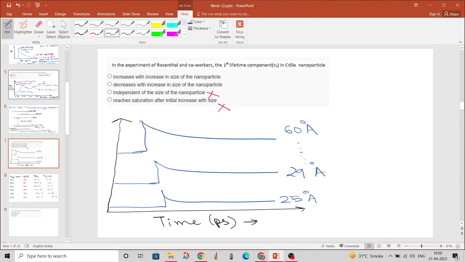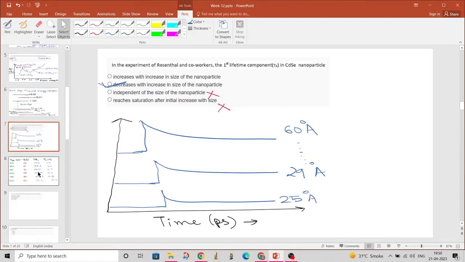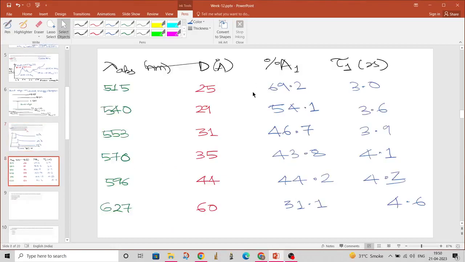So the correct answer will be B. As here you can see, it is decreasing.